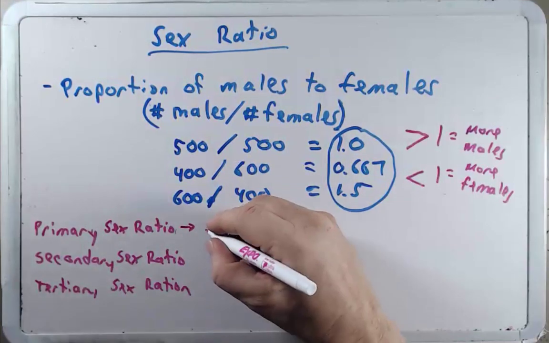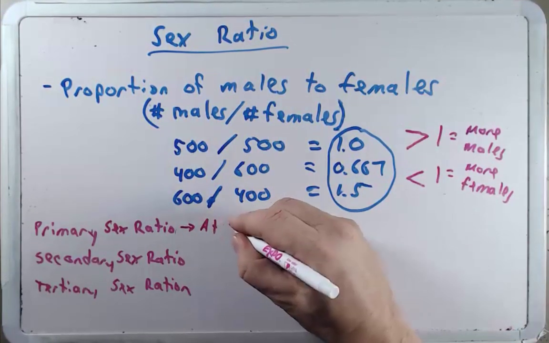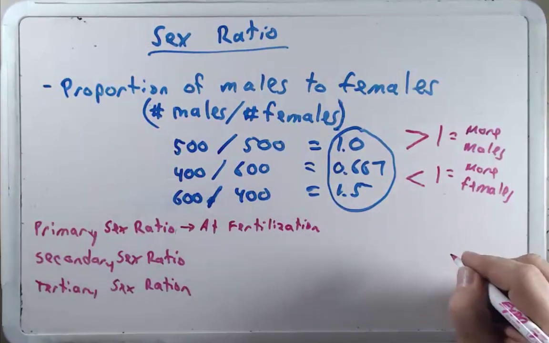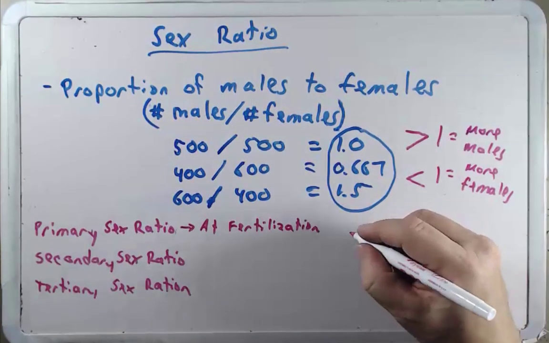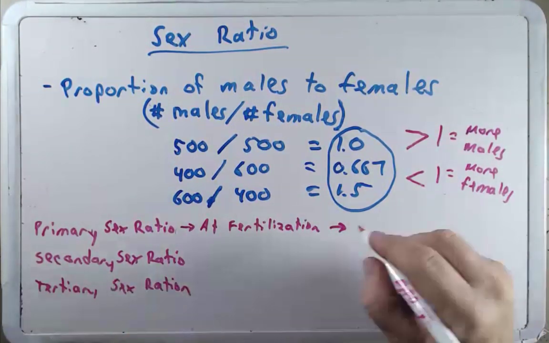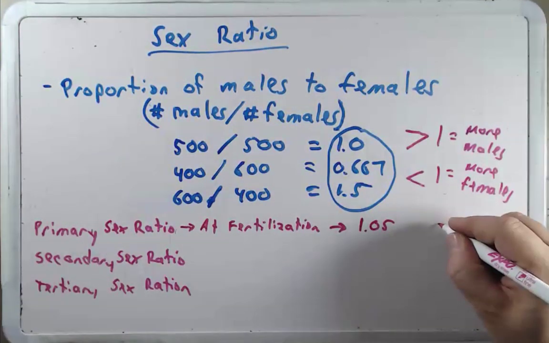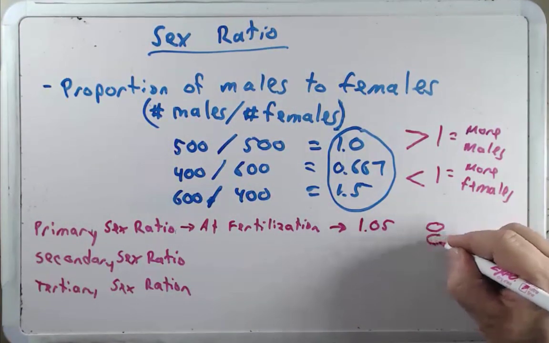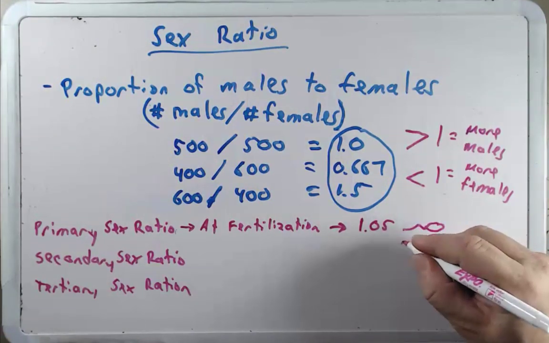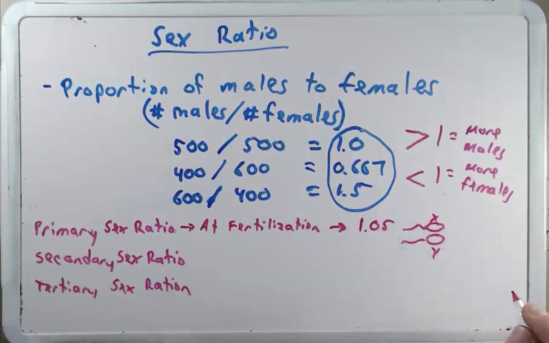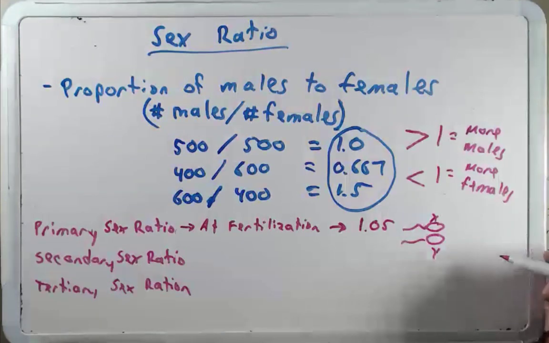The primary sex ratio is at fertilization. You might think that this should be 1, but it turns out it's not. At fertilization, the sex ratio is 1.05. Again, you would think it would be 1 because you have roughly equal numbers of X and Y bearing sperm, and this is what's going to determine the sex of the individual.